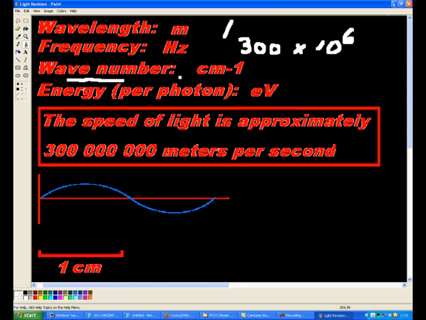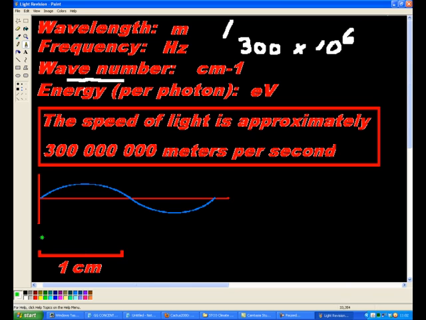It's a unit which climatologists like to use. And wave number is the number of waves which occur in 1 centimeter. So I've drawn a centimeter here. It's not to scale, of course, but let's imagine how many waves we could fit in this centimeter.